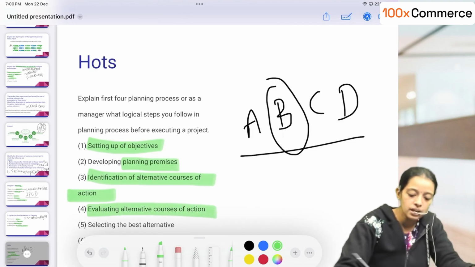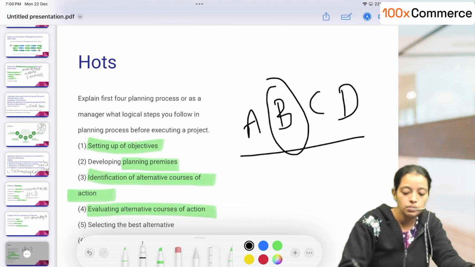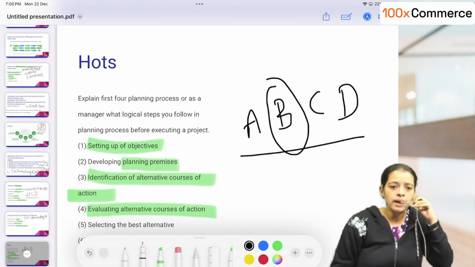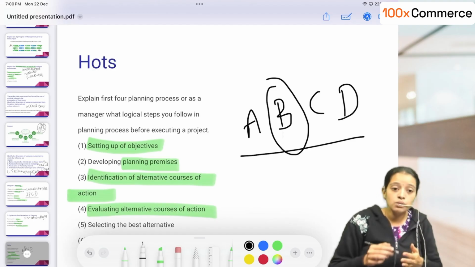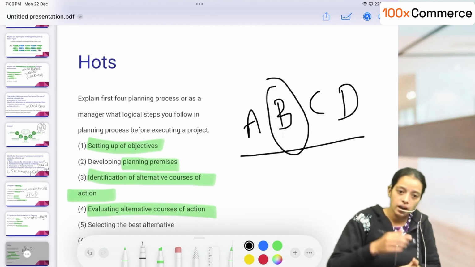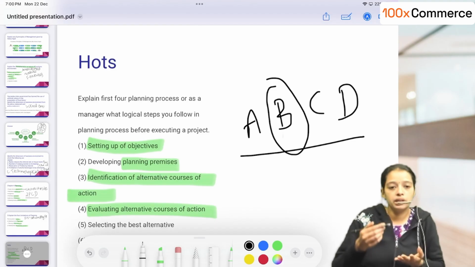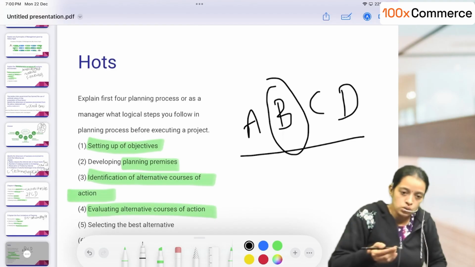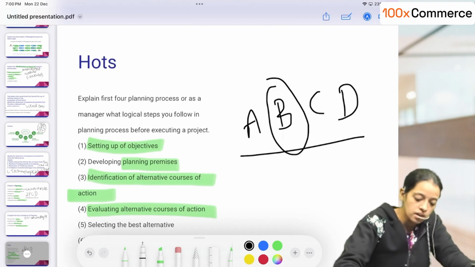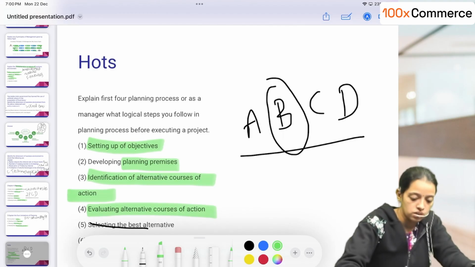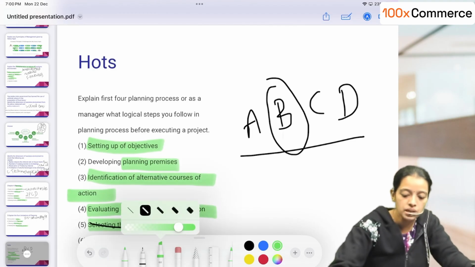First of all, evaluating each and every course of action. Evaluation is very important because every course of plan has to be evaluated properly, then only we will get to know which is the best one. Next one will be the selection. The best one will be selected.